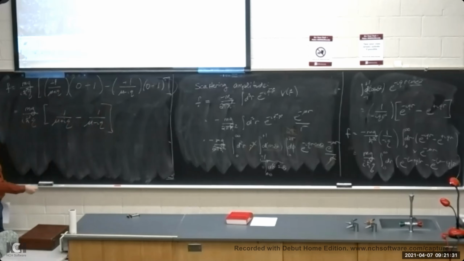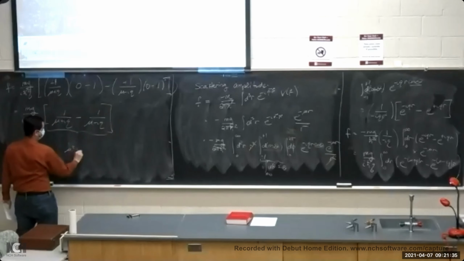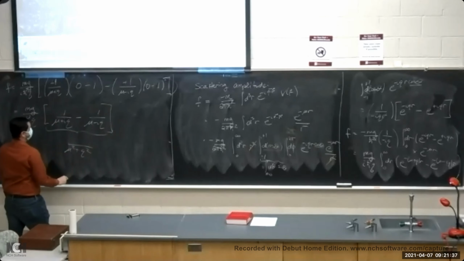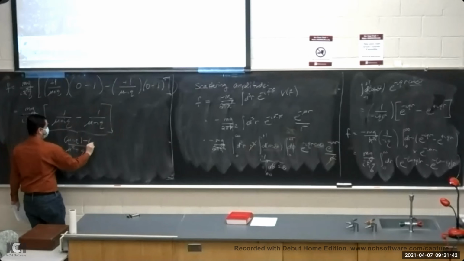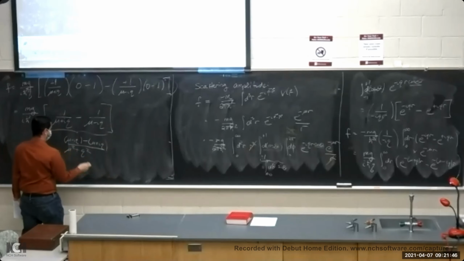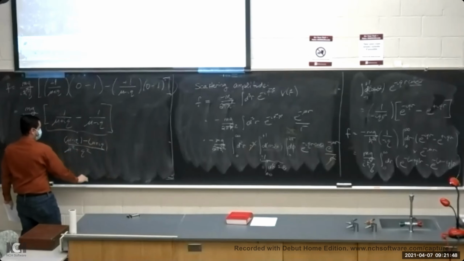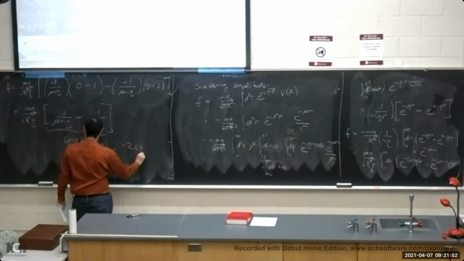Just some simple algebra, just got to put them over a common denominator. The common denominator is mu squared plus q squared. And in the numerator, I have mu minus iq minus mu plus iq. The mu's cancel, and I get minus 2iq over mu squared plus q squared.